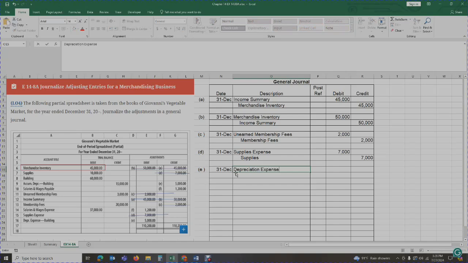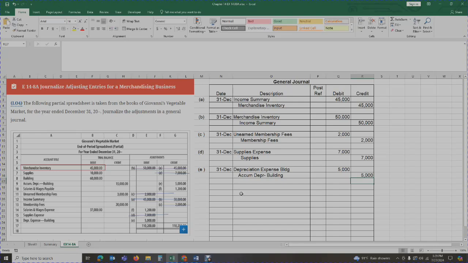Remember, expense accounts are always debited, and the amount is 5,000, and we're going to credit our accumulated depreciation for the building, for 5,000.